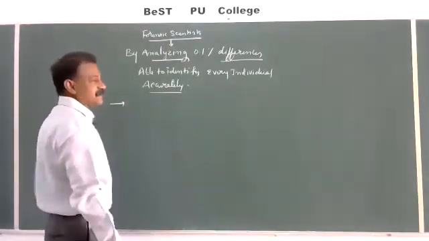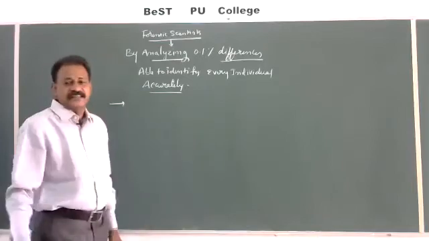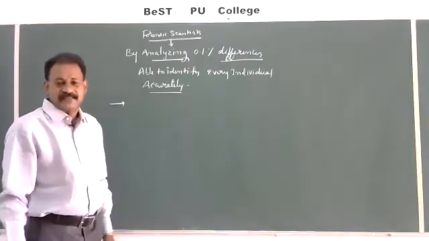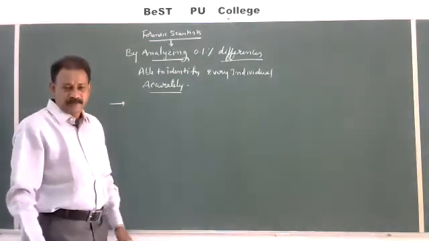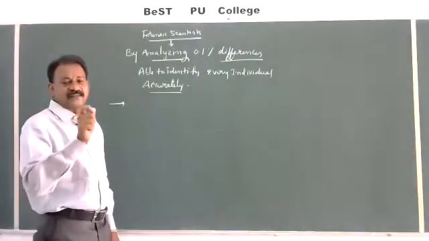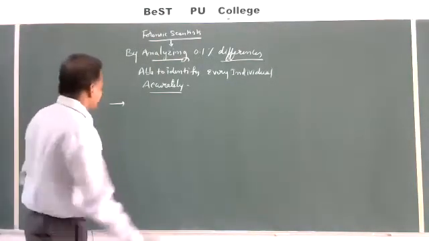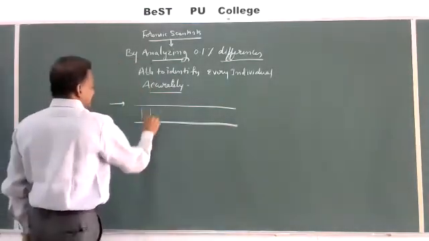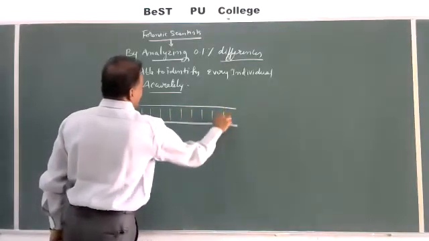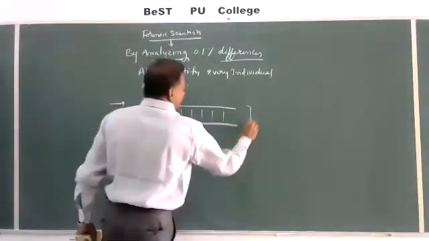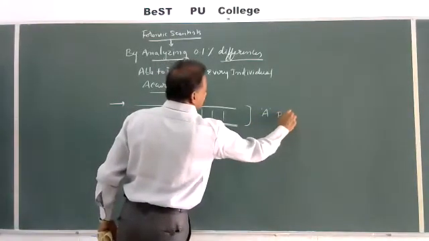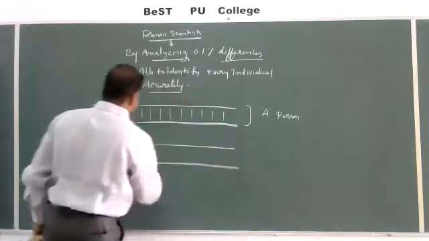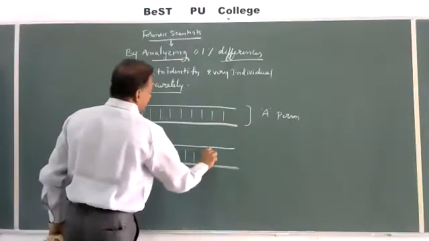Alec Jeffreys identified various fragments present in the DNA which are called minisatellites or microsatellites or repetitive DNA sequences, which are of no use, but they form the basis for genetic fingerprinting. It means, for example, this is the DNA of one person, and this is the DNA of person B, which we have isolated.